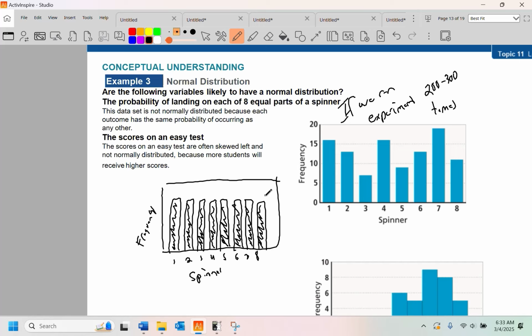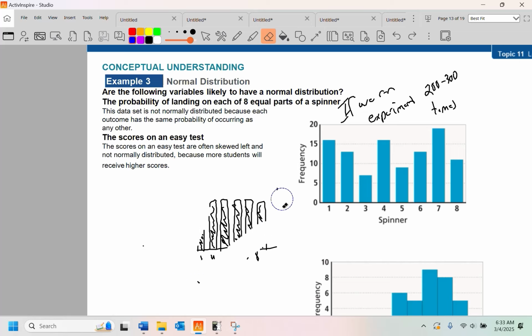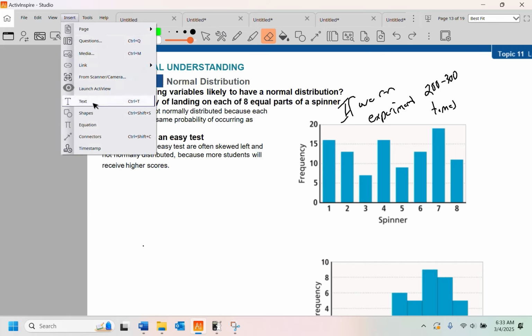So anyways, second one is the scores on an easy test. So this is more or less true. I've been a teacher for a long time, and I can tell you that if you give an easy test, the majority of kids will be close to average.